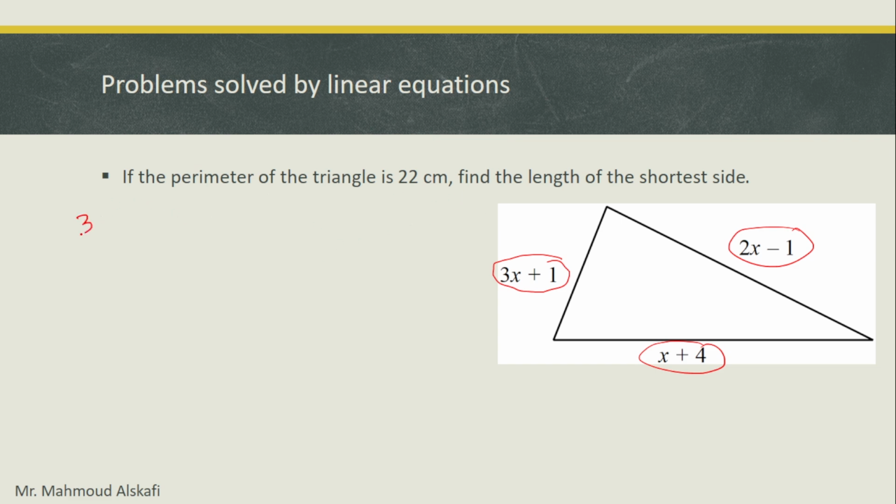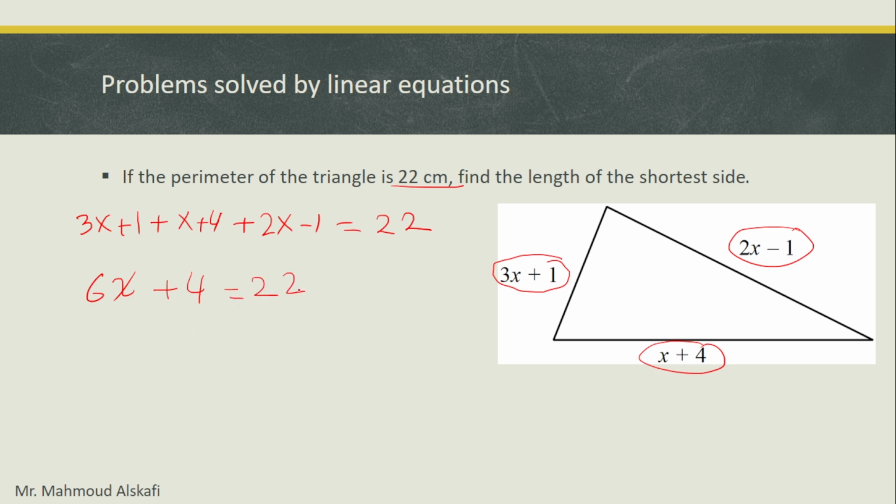That gives me 3x plus 1 plus x plus 4 plus 2x minus 1 equals 22. Now 3x plus x is 4x, plus 2x is 6x. 1 plus 4 is 5, minus 1 is 4. So 6x plus 4 equals 22.